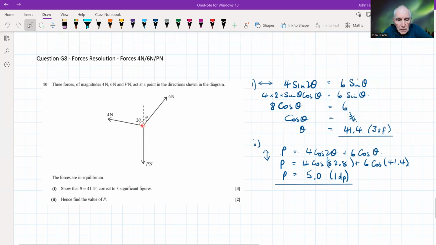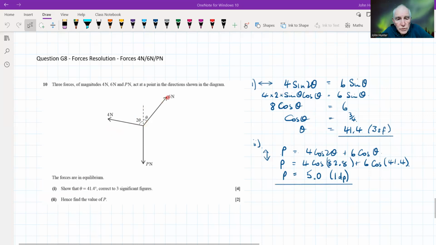So in the leftward direction, we've got 4 newtons acting at 2 theta to the vertical. So if we were resolving vertically, it would be 4 times cosine 2 theta. But resolving horizontally, it would be 4 sine 2 theta.